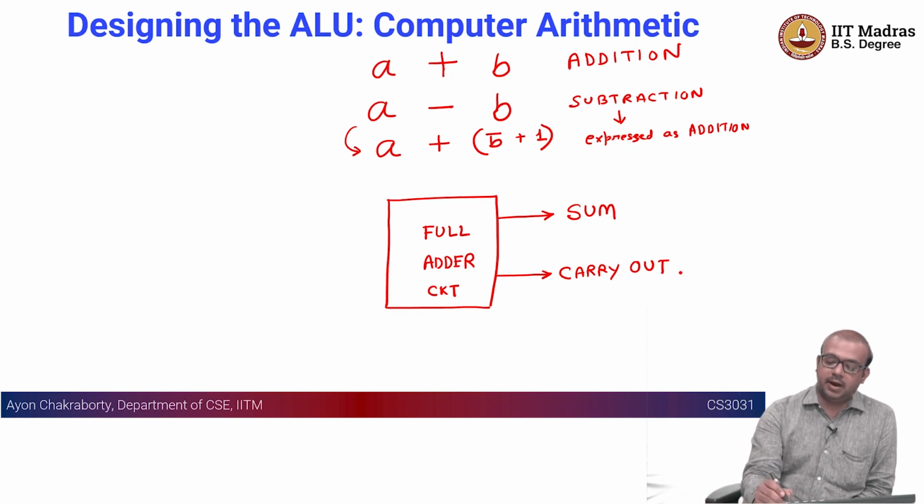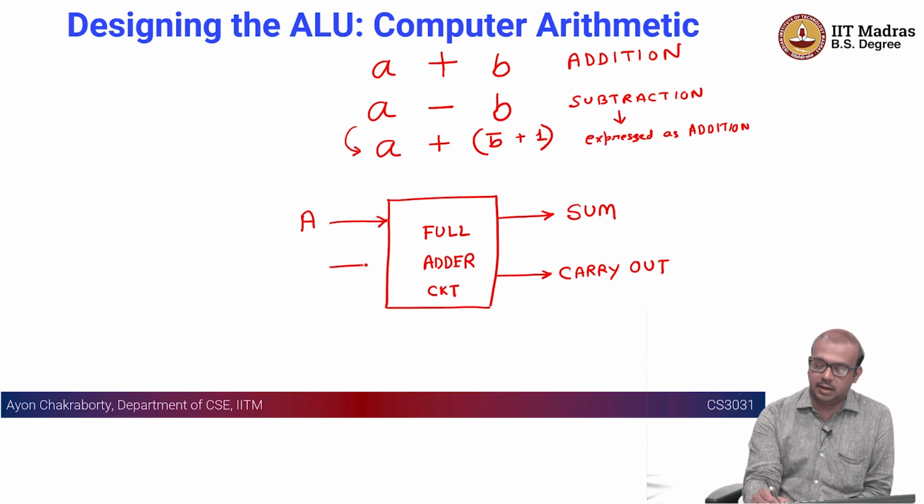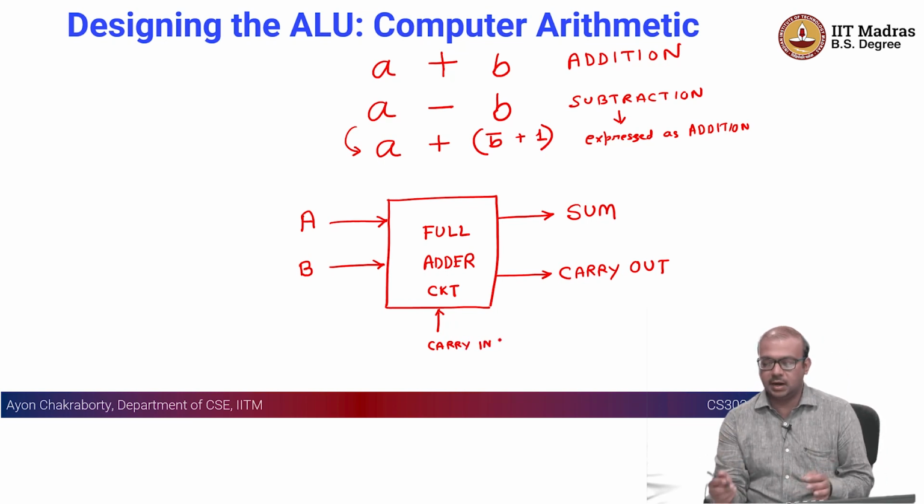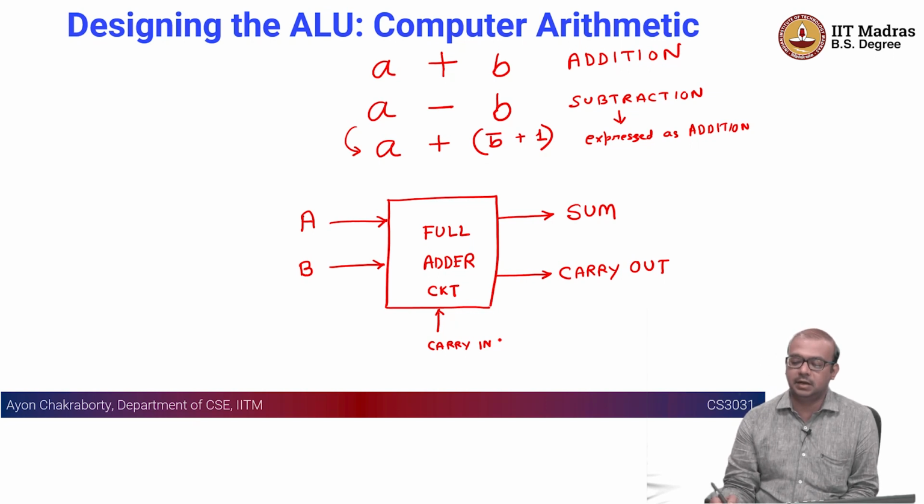We are providing A, we are also providing B, and of course there is a carry in, but we don't typically use it unless specifically mentioned. We just use A plus B, and carry in could be 0. We get the sum and we get the carry out. So this is the classic case of addition, the first case.